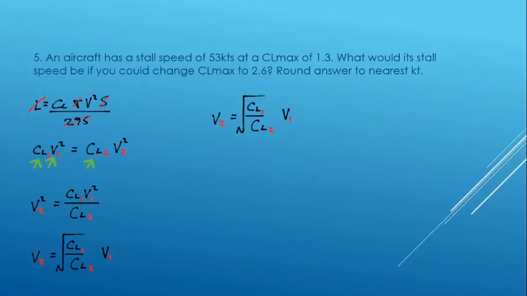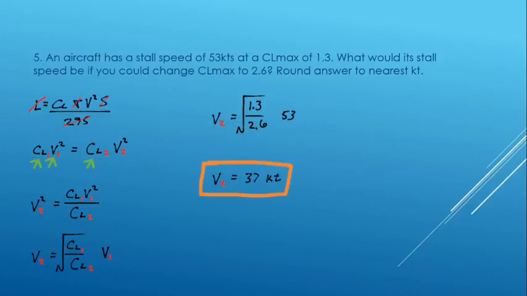So that's our formula. We substitute the values in. So CL max of 1.3, changing the CL max to 2.6, get the square root of that, multiply that by the original velocity, and we get a new velocity of 37 knots.